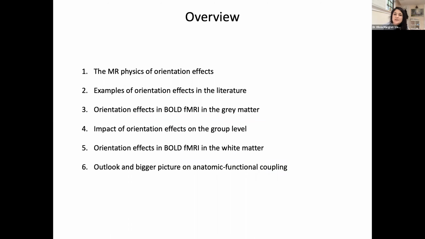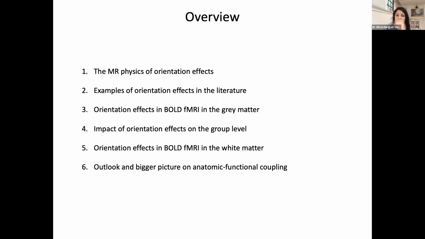We will start with some theoretical background for you to understand the MR physics of how tissue orientation impacts MRI signals. And then I will show a couple of literature examples, and then I will present our findings in resting state fMRI in the cortical gray matter and show how orientation biases those signals. I will also discuss this at the group level.